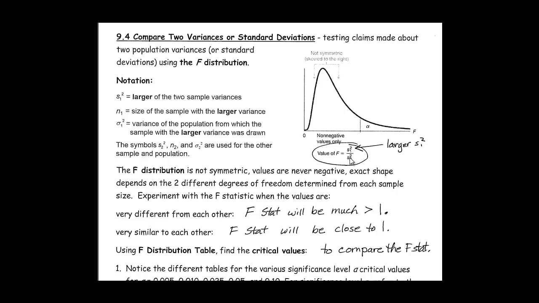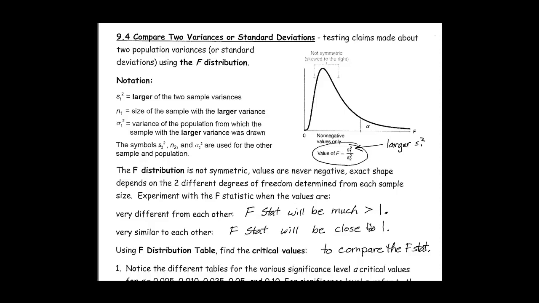That larger one is much larger, and the numerator will go into the denominator many times, and so our F statistic in that case is going to be much greater than 1. Whereas if they're very, very similar to each other, let's say it was 3.2 over 3.1, that's not a lot of difference in the two variances, and so that F statistic will be very close to 1.